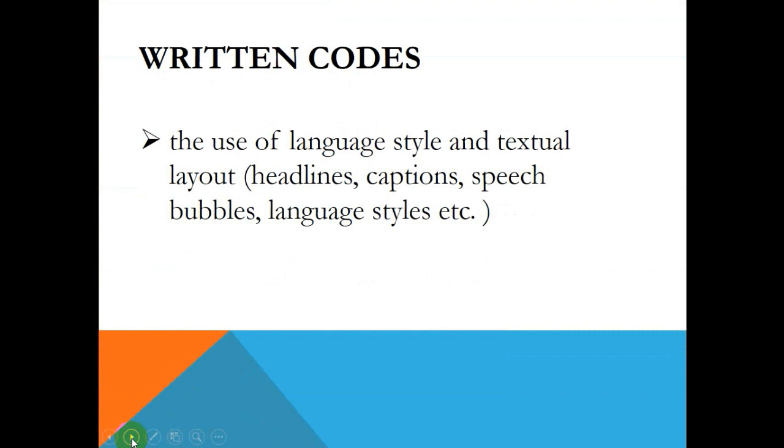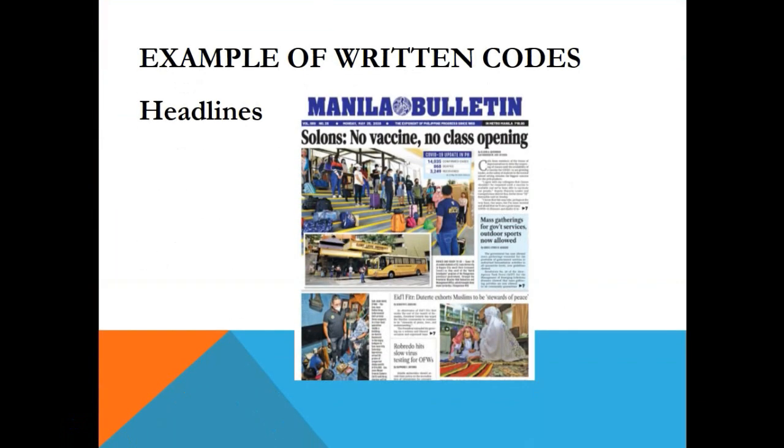Now we go to written codes. Written codes is the use of language style and textual layout like headlines, captions, speech bubbles, language styles, etc. An example of written code is the headline. The headlines always has the biggest fonts, so you never miss it.